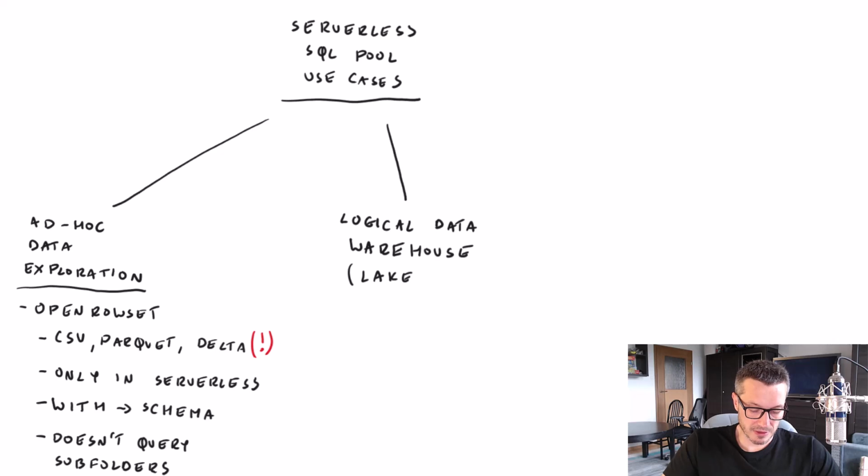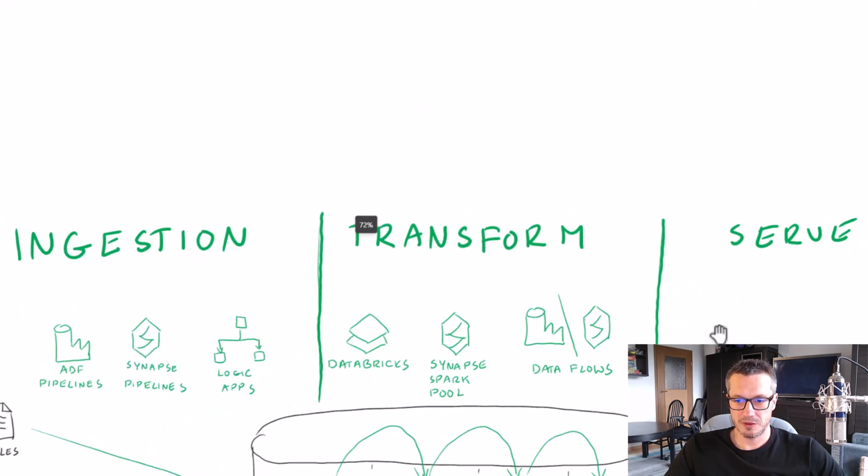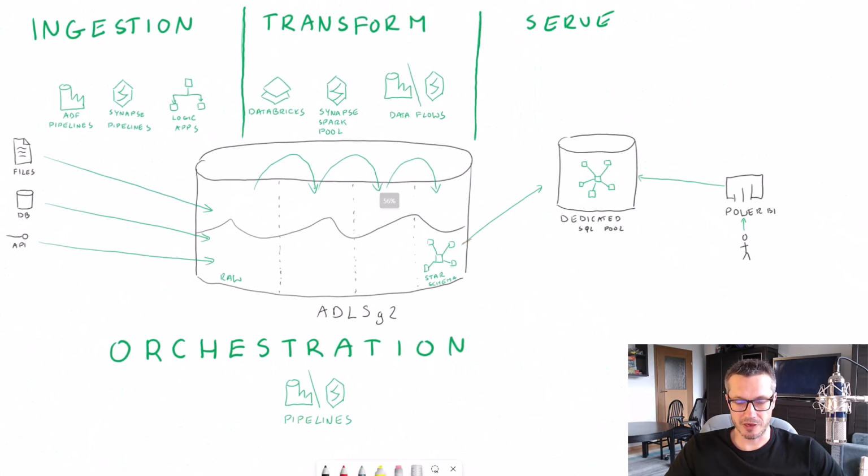So lakehouse, and that's the scenario when we don't want to have this additional relational data warehouse after our data lake. Because simply, we have data already available in a data lake. So what's the point in copying this data over to yet another layer? And if you would like to position this on our diagram, it would look like this.